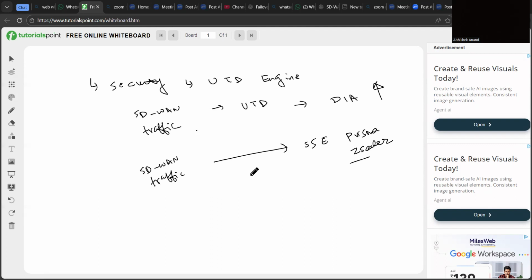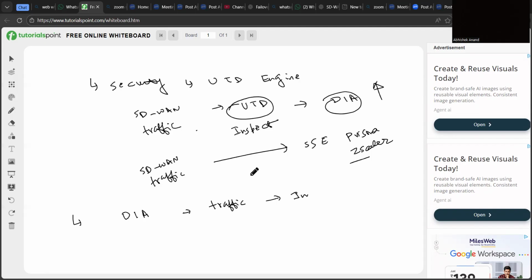Please remember this, right? Because I want to route through DIA direct over internet, then I need to inspect the traffic first before routing to the internet. And after this, the traffic will exit through DIA, direct over internet.